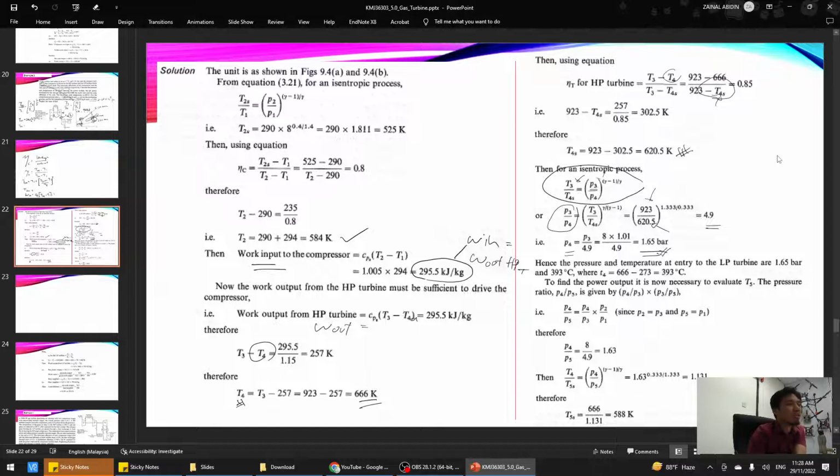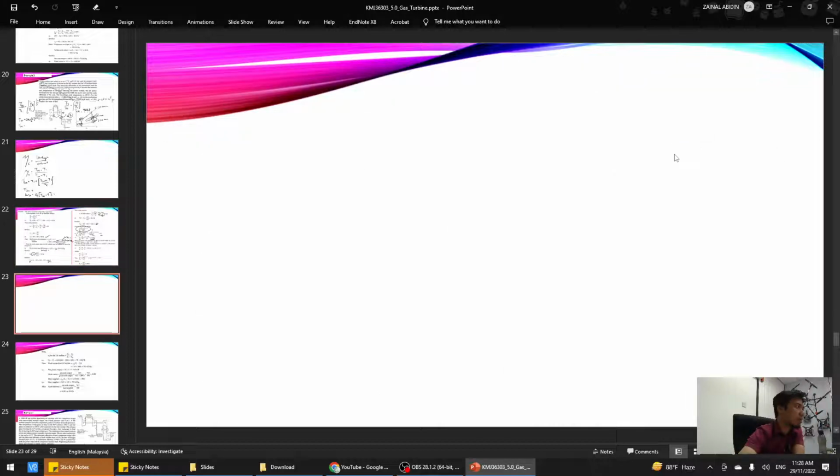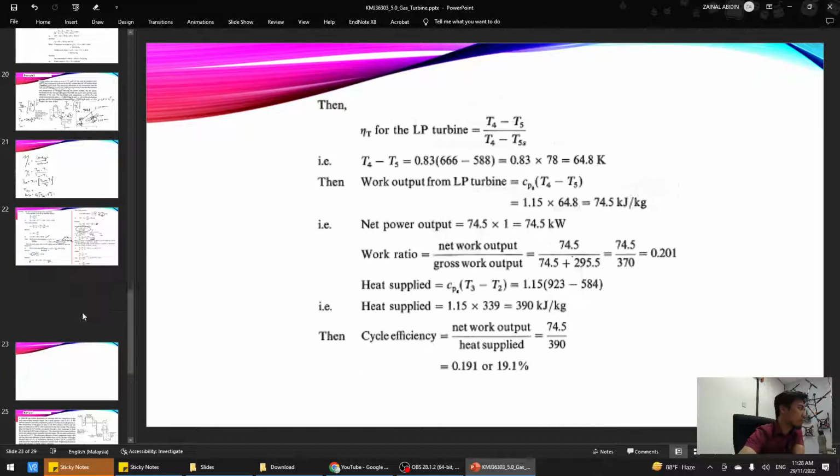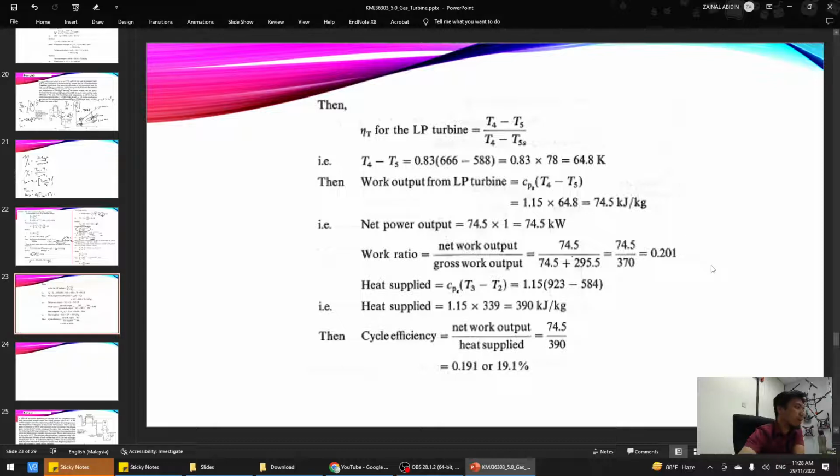And then seterusnya sampai you dapat yang last di sini, akhir, sampai you dapat cycle efficiency di sini, heat supply di sini, work ratio di sini, net power output macam ni, macam itulah seterusnya.